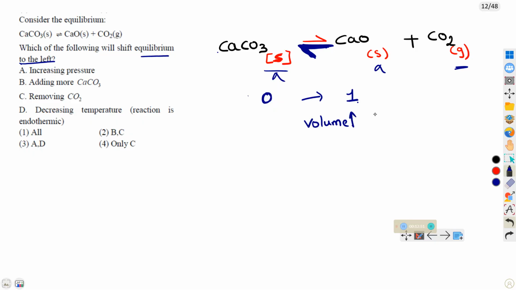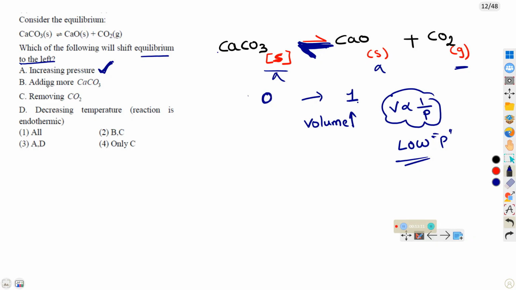So number of moles increases, volume increases. We know that volume is inversely proportional to pressure. So low pressure favors this reaction. On increasing pressure, equilibrium shifts towards the left side. Adding more CaCO3, no use because CaCO3 is solid.